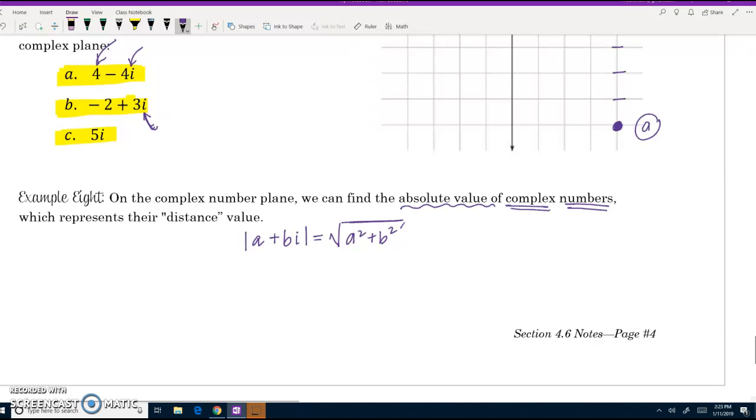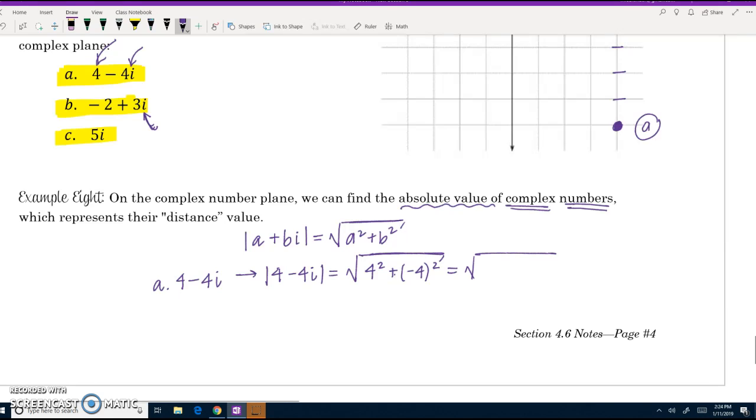So if you want to try this with point A that we looked at up above, we had 4 minus 4i. If you want to find the absolute value of that, we can put it in absolute value bars like this. Then you're going to take the square root of 4 squared plus -4 squared. So 4 is my a term. My b term is just the number that's in front of the imaginary number, so in this case, it's -4.